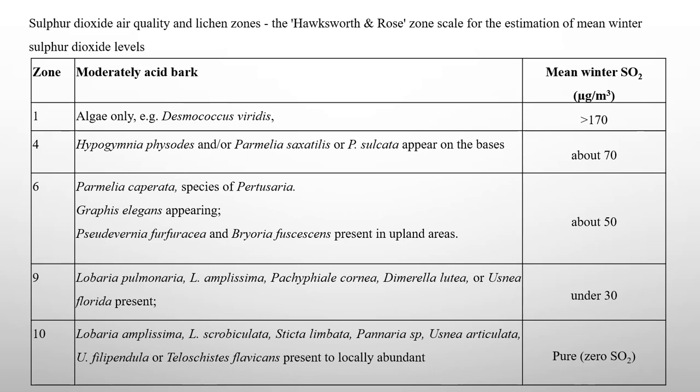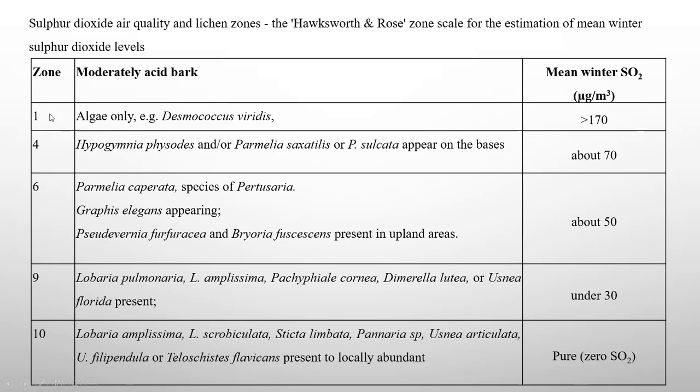Each zone corresponds to different sulfur dioxide deposition or different sulfur dioxide concentration in the air. Depending upon the concentration of sulfur dioxide, few species of lichens appear on the trunk, and when the concentration of sulfur dioxide is very high, few species of lichen completely disappear.